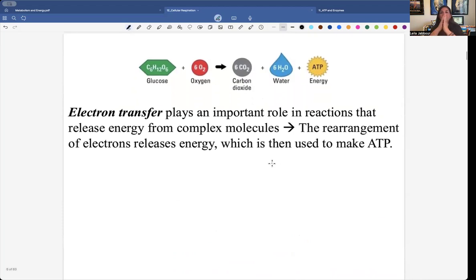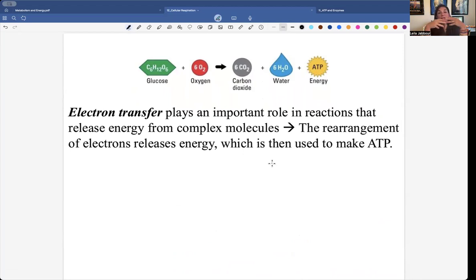Okay. So a very important concept to understand even before we get into the nitty-gritty is the concept of electron transfer. This is really how it's going to work. Electrons are going to get exchanged from one molecule to the next molecule to the next molecule to the next molecule.